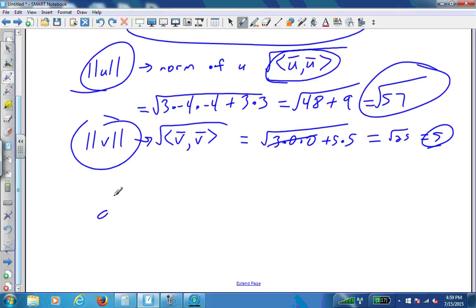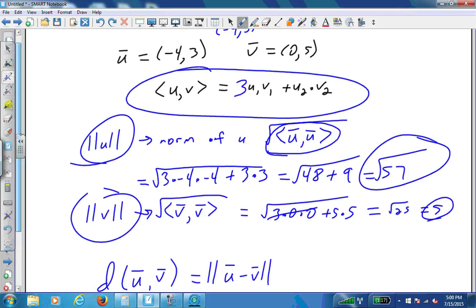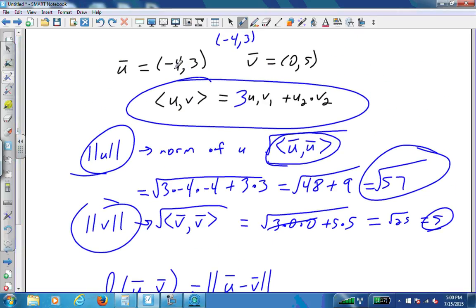Now if we want the distance of those, the way we calculate that is we take the difference between u and v, and then we calculate the norm of that. So first of all, let's do u minus v. U minus v is -4 minus 0, 3 minus 5.